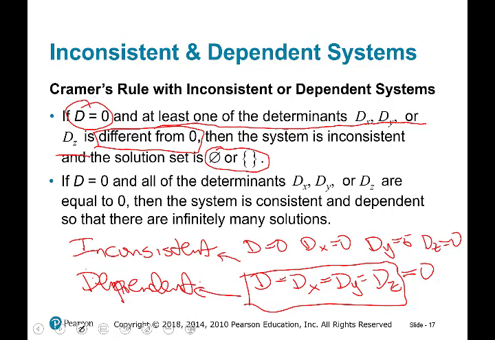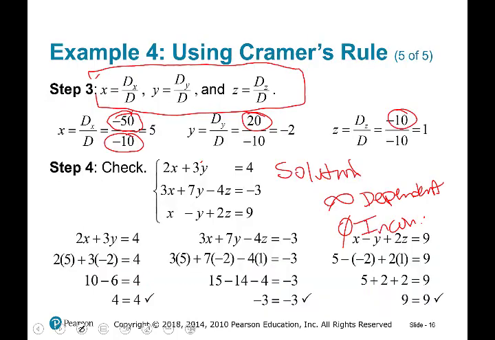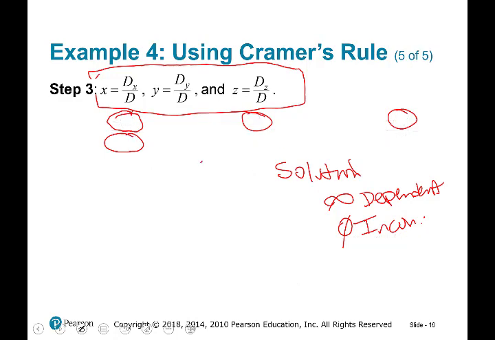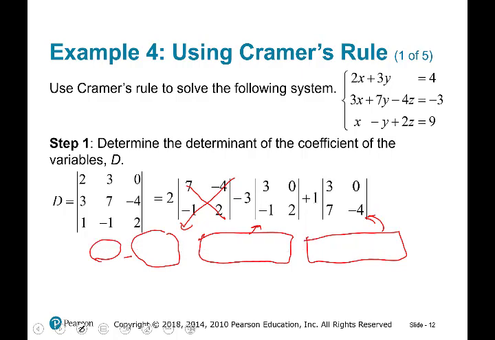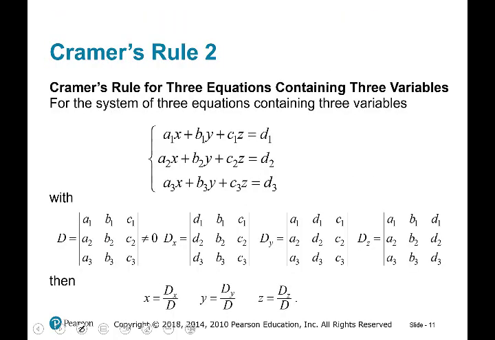Okay, but the determinant can never be 0, right? That's not good. Why? Because when you use Cramer's rule, let me go back. Right, so when you use Cramer's rule here, if the determinant is 0, then you will be dividing by 0, right?